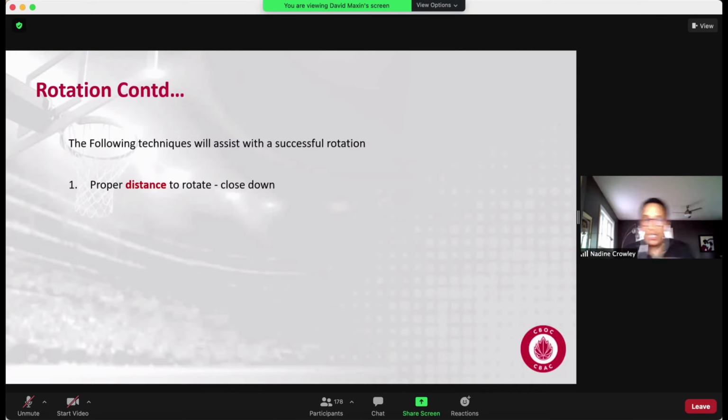So if there's a pass and maybe a defender moves under the offensive player who's trying to catch the ball, or maybe sets a screen on a player who's not looking, that is something the center can pick up, or even an unsportsmanlike foul. Those are things the center can pick up all the way across to the other sideline, in order to help with the play in transition.